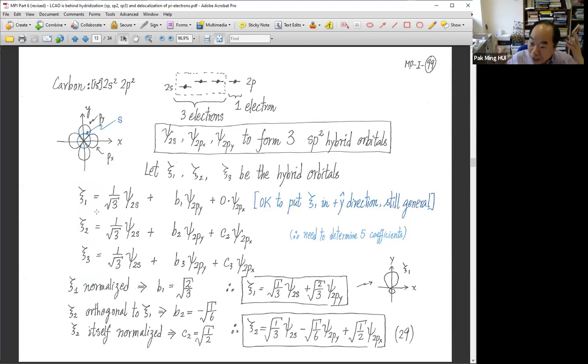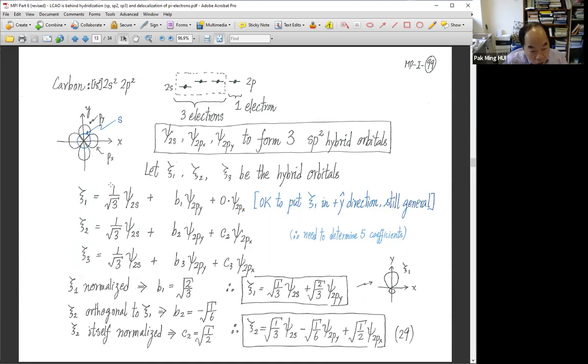I don't see how nature would bias one of them, because S is rotationally symmetric. It has no directional sense. Why should it go more to the X or Y or Z, okay? So with this idea, since it is to be shared within 3, the probability of having S character in each of the psi 1, psi 2, psi 3 should be 1/3.